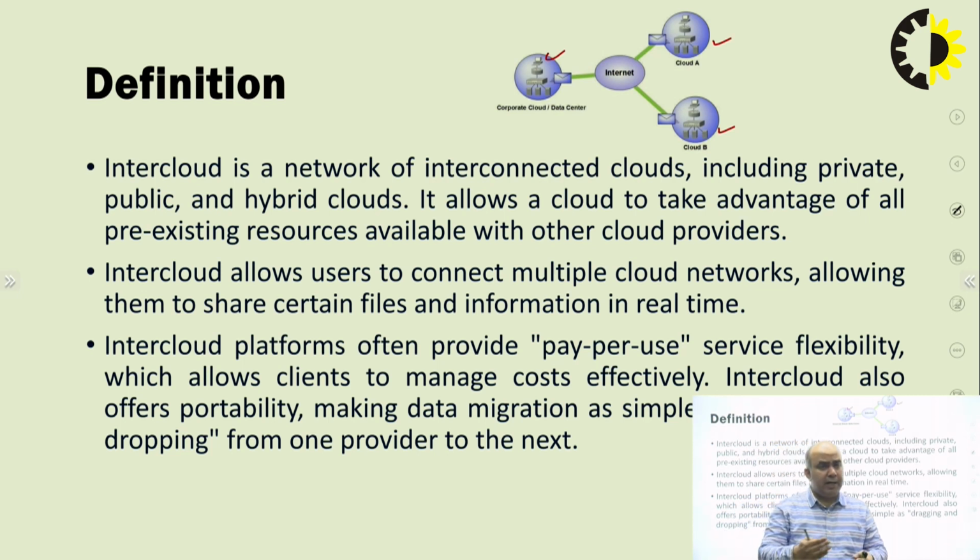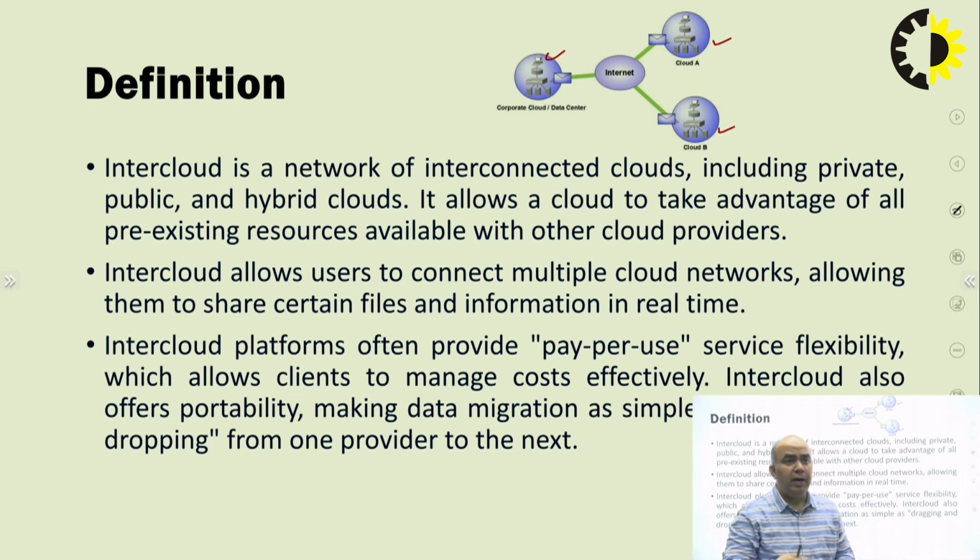As to why it is needed, let's suppose a cloud A service provider doesn't have infinite resources, so they can use the services of other cloud service providers. For that, a broker is needed, which can provide an SLA between these two and provide the services.